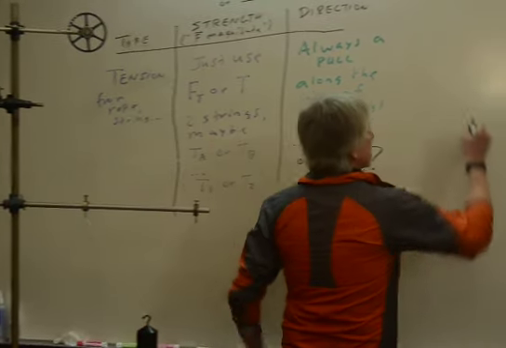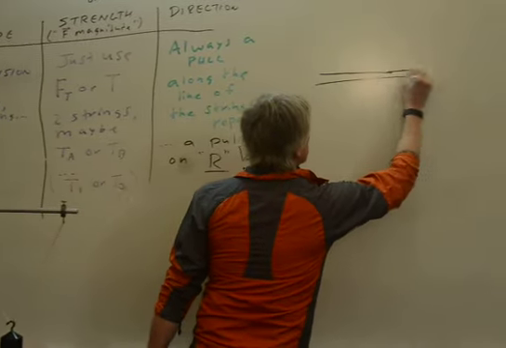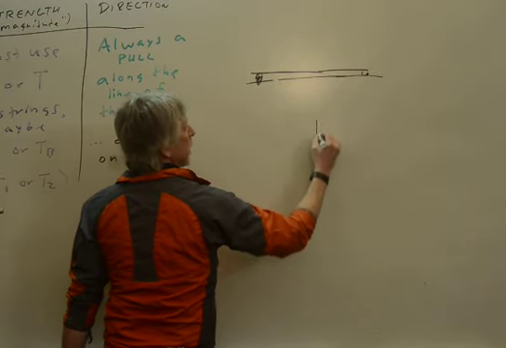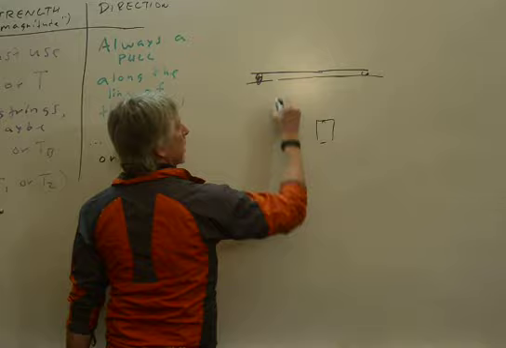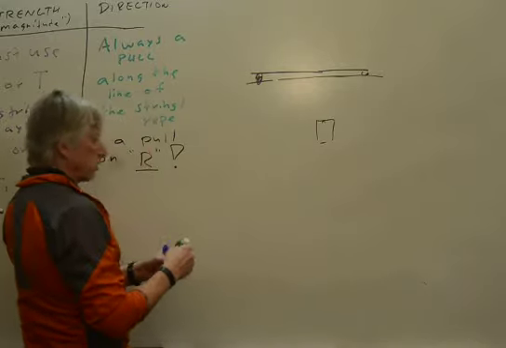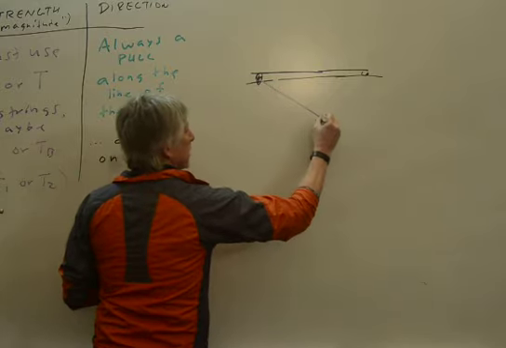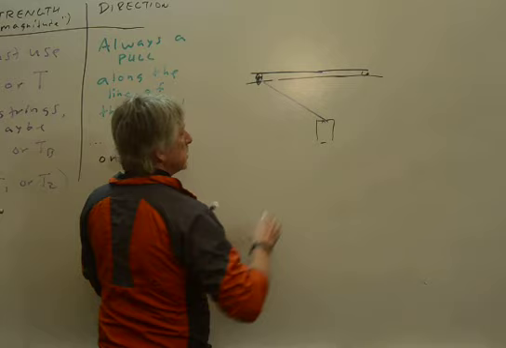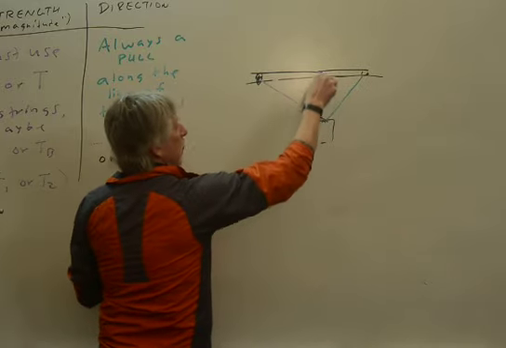So we draw this picture, and we've got an attachment here, and we've got the object hanging here. And we've got two ropes, and you could identify them however. If you've got colors, use them. It's kind of nice. I've got the purple rope, and I've got the green rope. And there could be different angles, right?